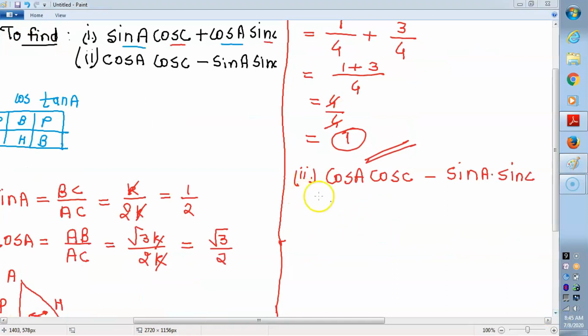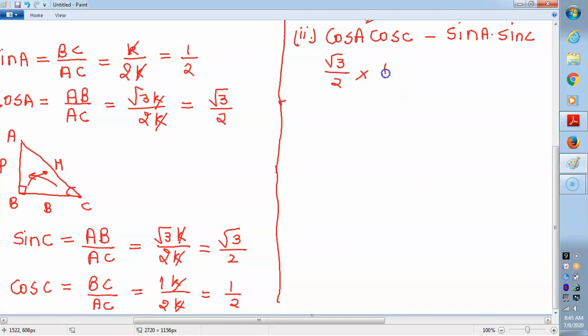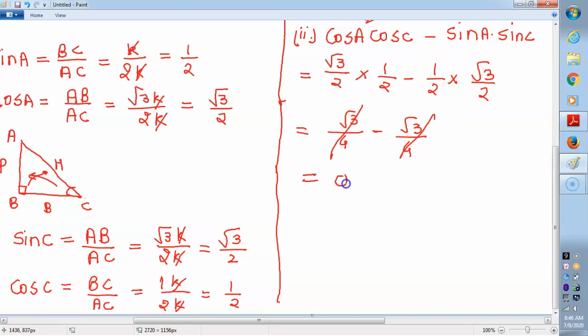Cos A is root 3 by 2 into cos C is 1 by 2, minus sin A is 1 by 2 into sin C is root 3 by 2. Okay, let's multiply the terms first. 2 2s are 4, root 3 into 1 is root 3, minus 2 2s are 4, 1 into root 3 means root 3. We can see both the terms are the same with a negative sign, so they get cancelled. Our answer will be 0.